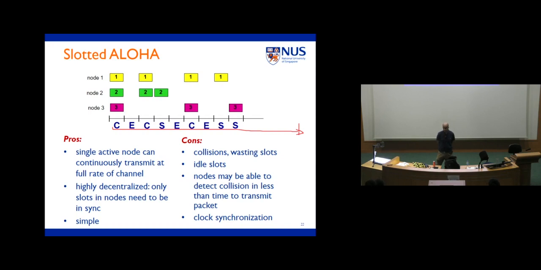Of these total slots, how many were successful slots, the ones with a single transmission? So what fraction of total slots are the successful slots? And I can define similarly for pure Aloha or unslotted Aloha: what fraction of the time was I spending sending successful packets?